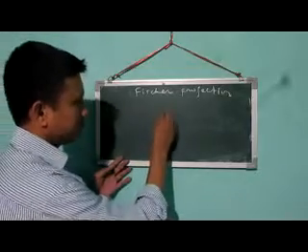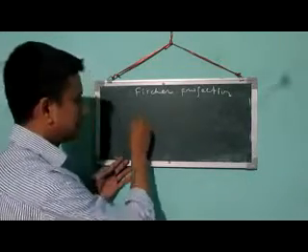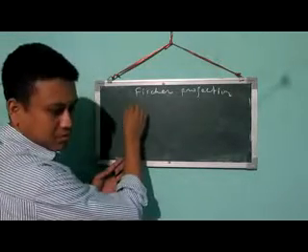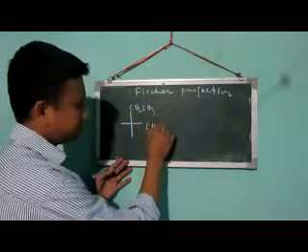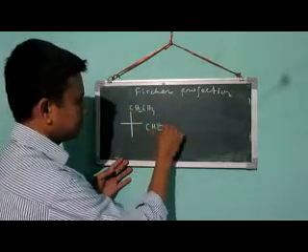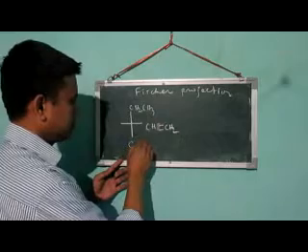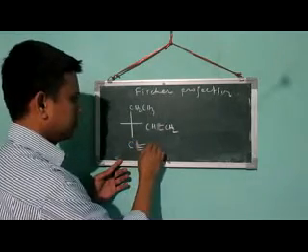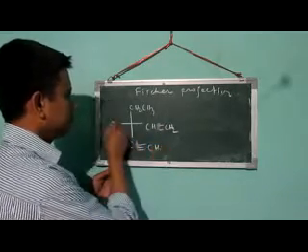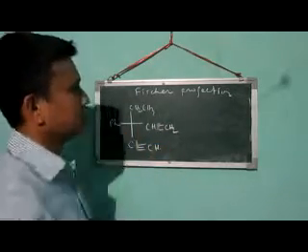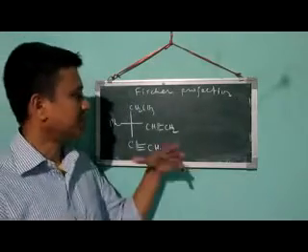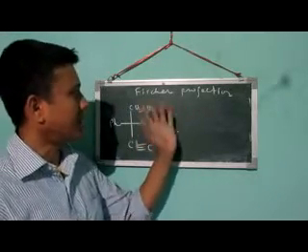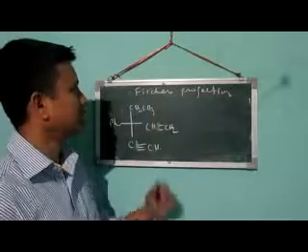Suppose we have a molecule like this one. This is one molecule, and here we have to do the RS nomenclature, not IUPAC, RS nomenclature.